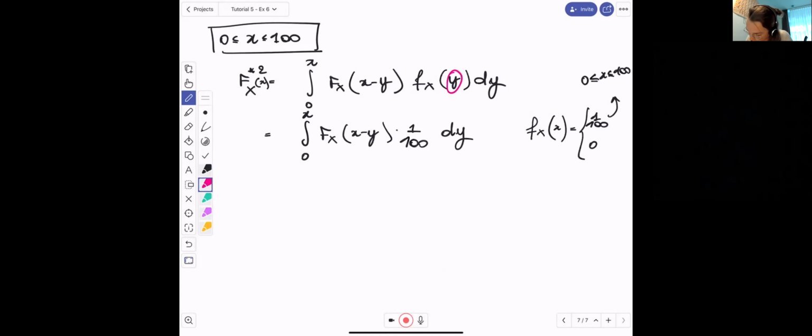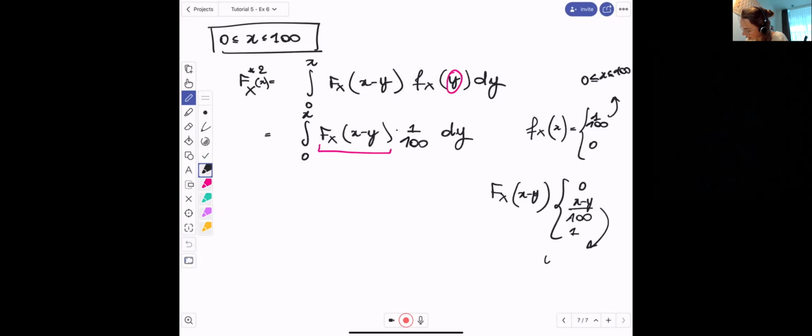Then we need to look at our cumulative distribution function, which I'm going to write here again. It was 0 for x minus y smaller than 0, it's x minus y divided by 100 in the case that 0 is smaller than or equal to x minus y, smaller than or equal to 100, and 1 otherwise. Now, in which situation are we?